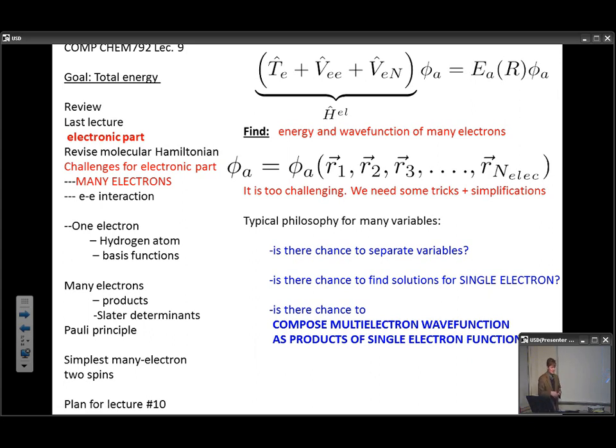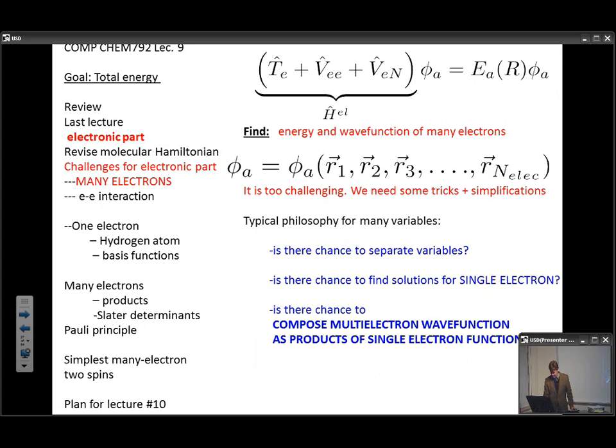And the typical philosophy is, as we were already practicing, can one reduce the number of variables? Can one separate them? Can one think that there are some parts of systems that do not interact with each other, and the function that we are solving for can be factorized into some independent factors?